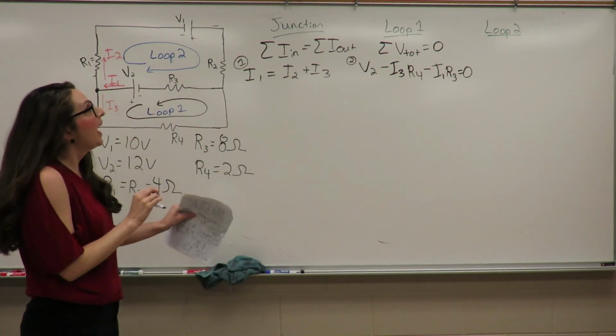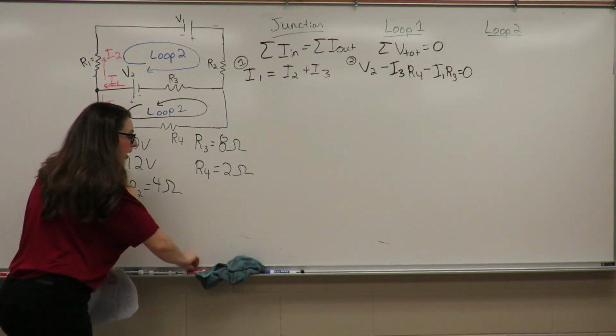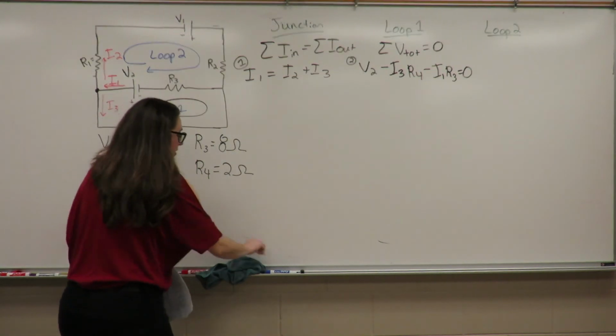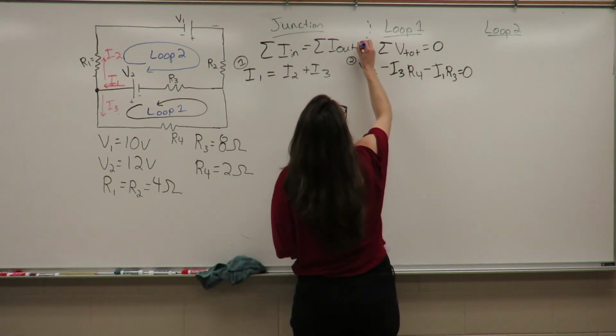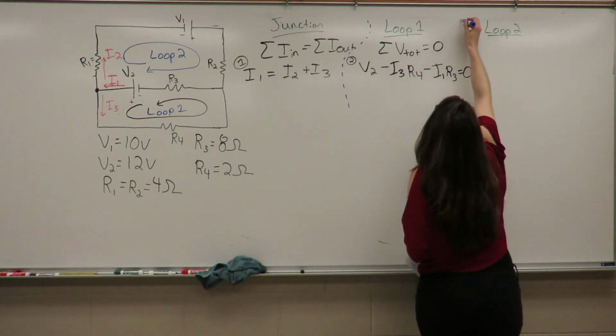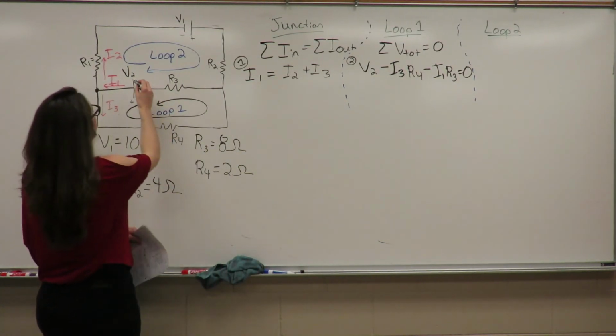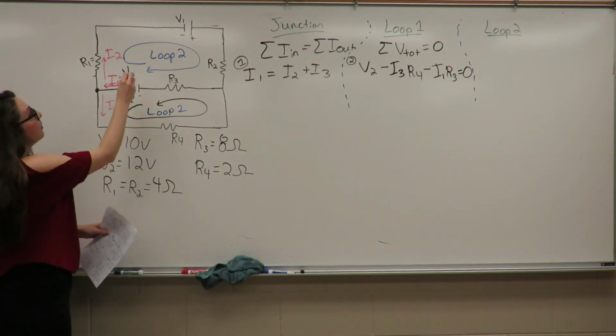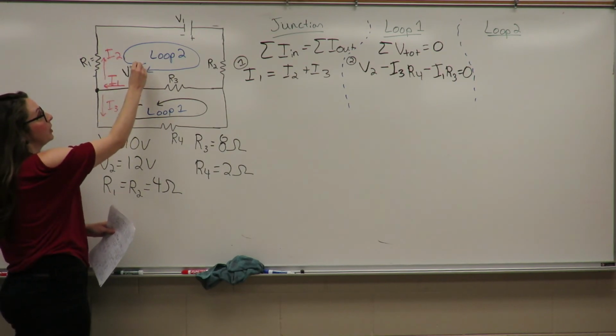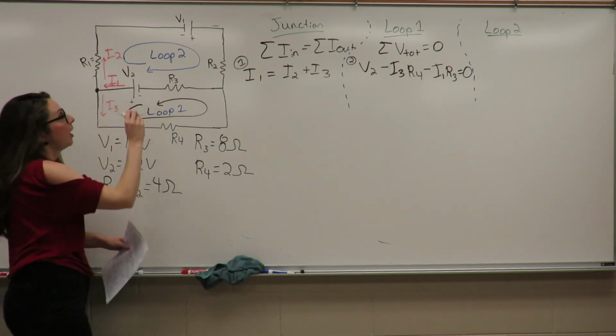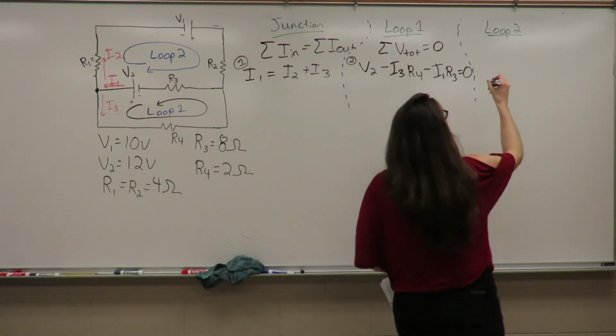Okay? And now we've got our final equation that we're going to write here. We've got the junction rule, loop 1, and now let's do the equation for loop 2. So I start here at loop 2. I'm starting at my battery source V2, and I'm increasing my potential as I go across there.